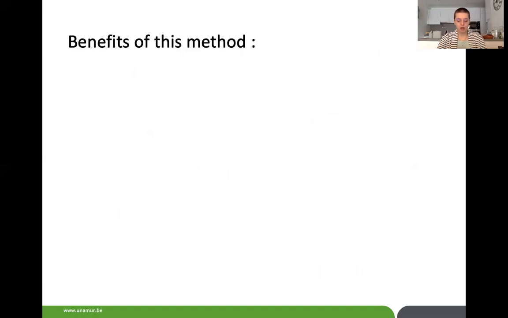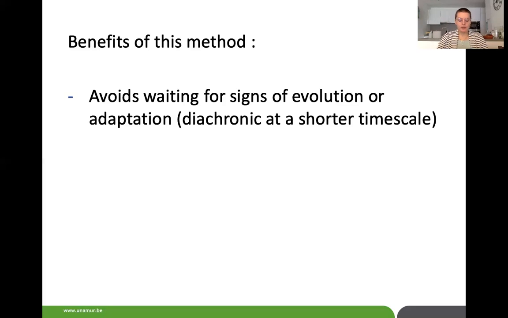This approach of living entities, this definition of life, can have several advantages for astrobiology. First one, it avoids having to wait for signs of evolution or adaptation. It's still a diachronic definition, in opposition to the small error in the abstract of my presentation, where I wrote that it's a synchronic definition.